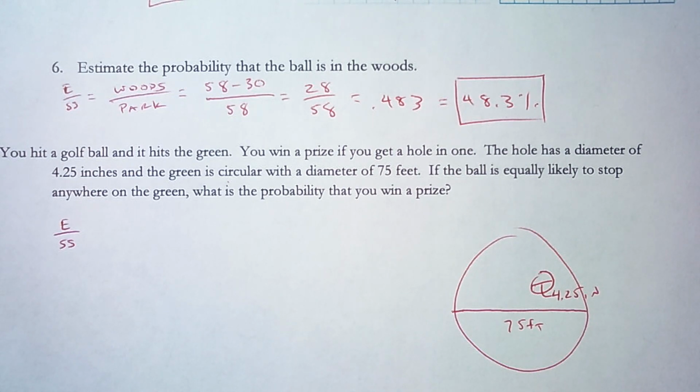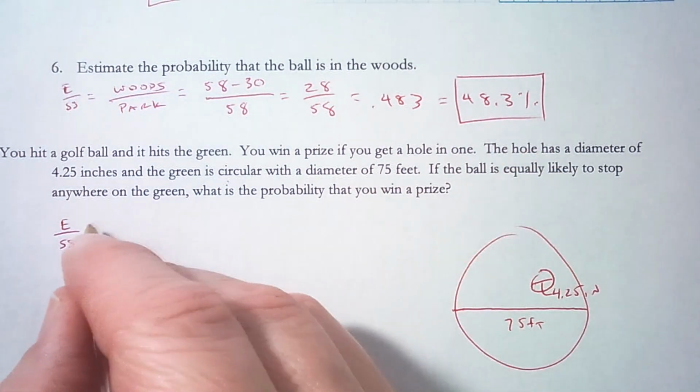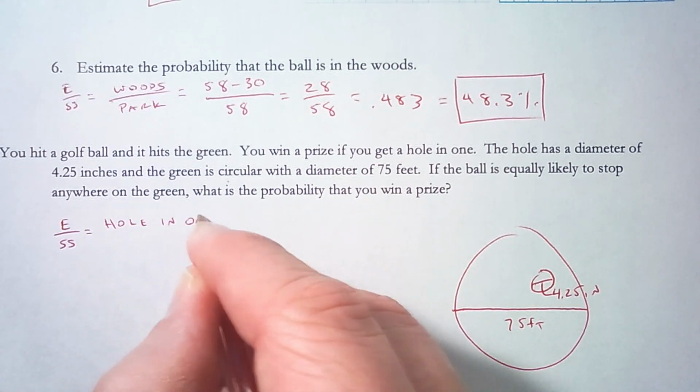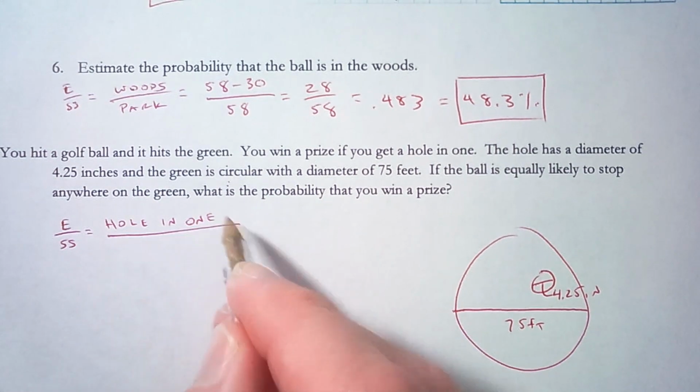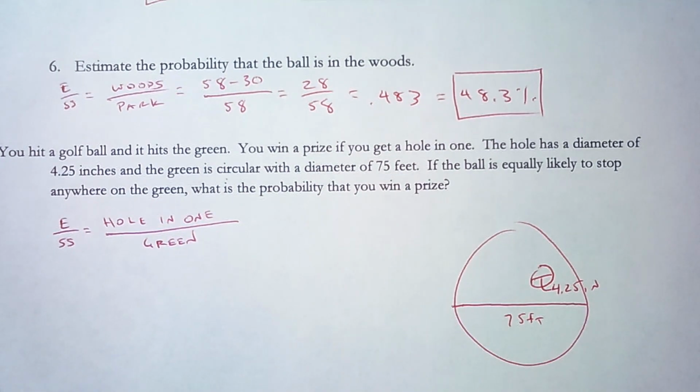What is the probability that you win a prize? And in order to win a prize, you have to get the ball in the hole in one shot. Okay, so the event is getting the ball in the hole. Okay, so we'll say it's a hole-in-one. That is the event. The sample space is that the ball could land anywhere on the green.